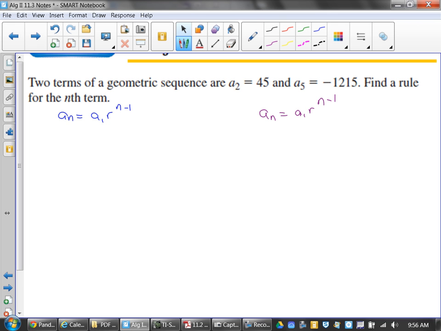Now that I know that one of the terms, the second term, is 45, what is my value of n? 2. Everybody okay with that? All right. So the n value here is 2. I don't know the rate, which is fine. So I'm going to substitute.